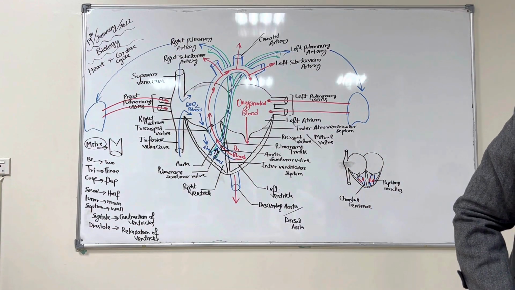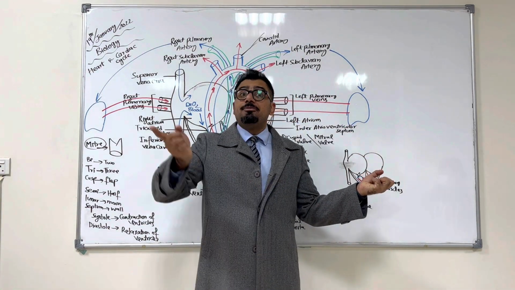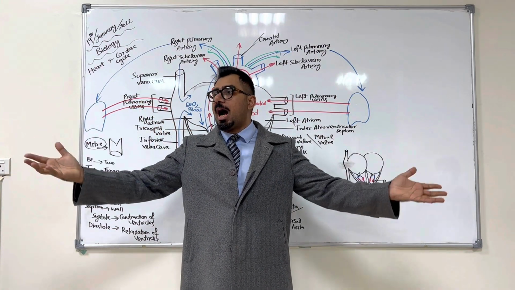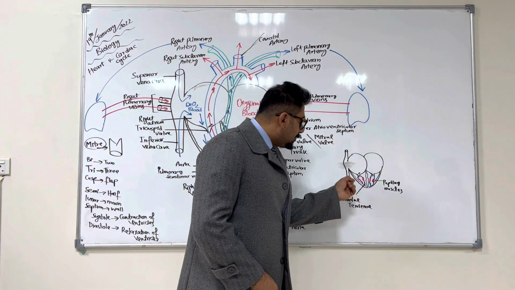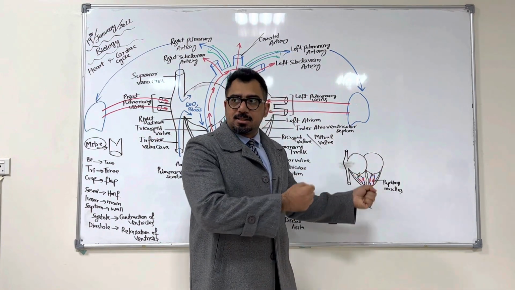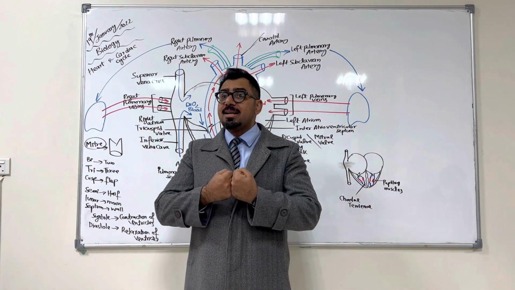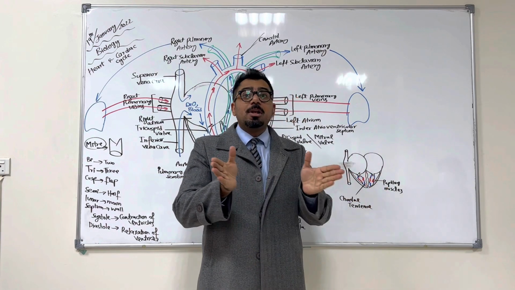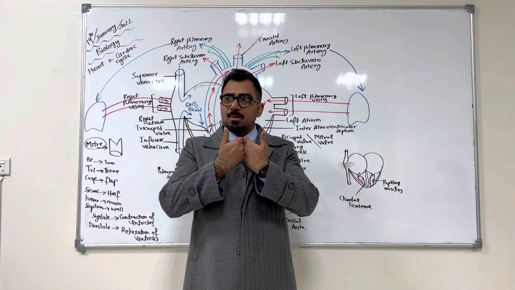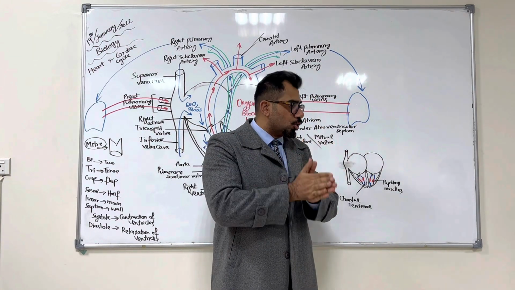When the ventricles contract, the papillary muscles will also contract because they are part of the heart, right? And when these papillary muscles contract, they will pull the tendons, and when the tendons are pulled, the flaps will be prevented from going back. Understood? So the flaps will be kept at their position, closed.